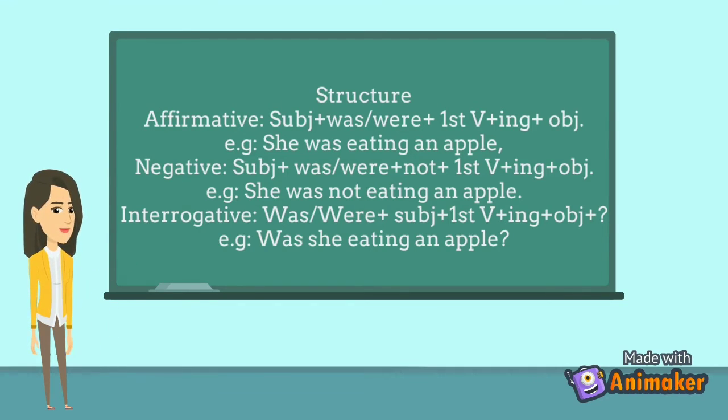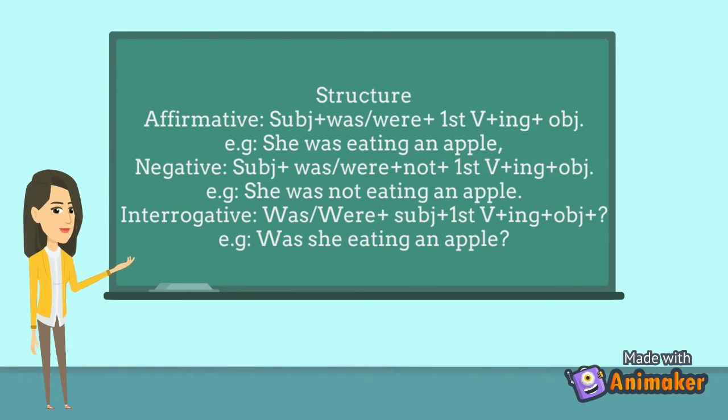For example, was she eating an apple? Now again, if we talk about plural nouns, we would say, were the girls eating an apple? Were they eating an apple? And at the end, we put a question mark to show that it's an interrogative sentence.